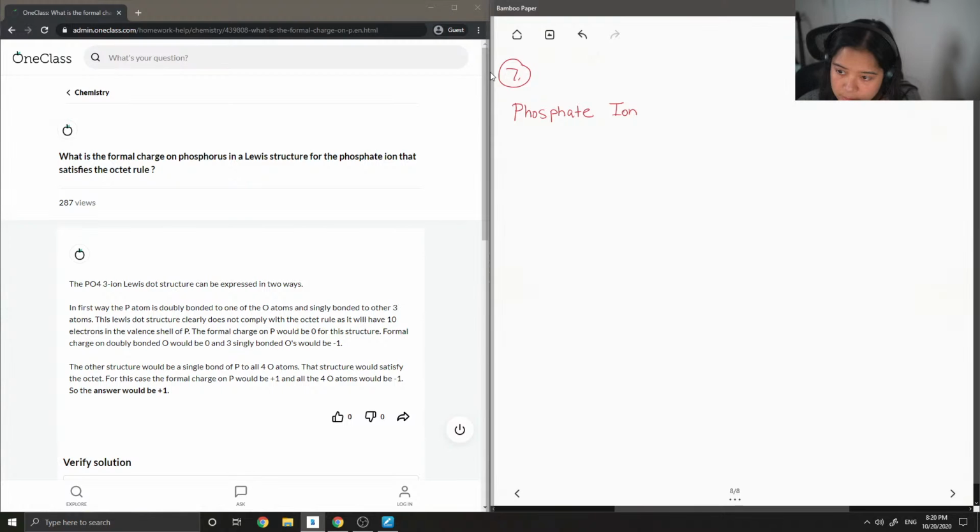So phosphate is PO4 3 minus, and basically it can be written like this, where one of the oxygens has a double bond.